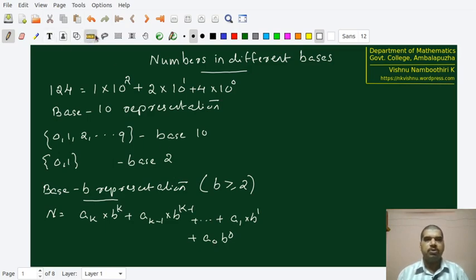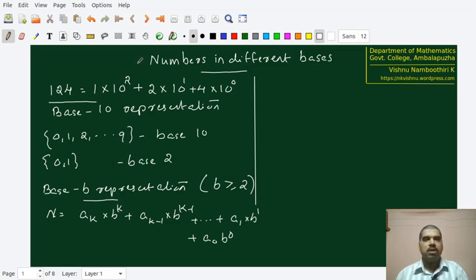So, if we use this as the definition of base B representation, then we have 124, which we have already seen can be represented in this way. Now, how do you find the base B representation of a natural number? For example, suppose that 124 is a number given in base 10.